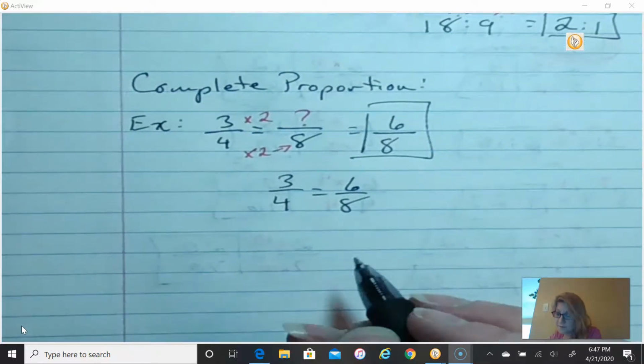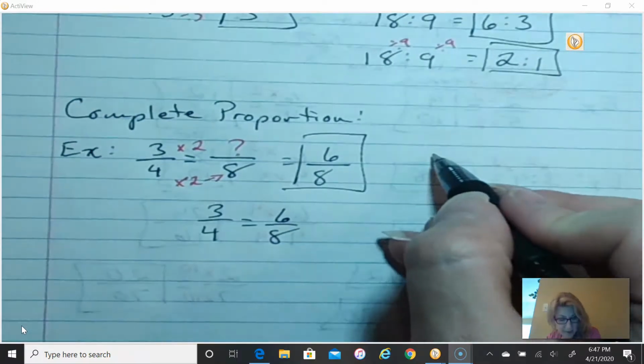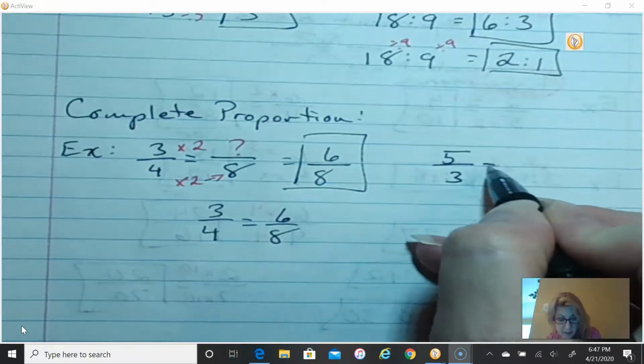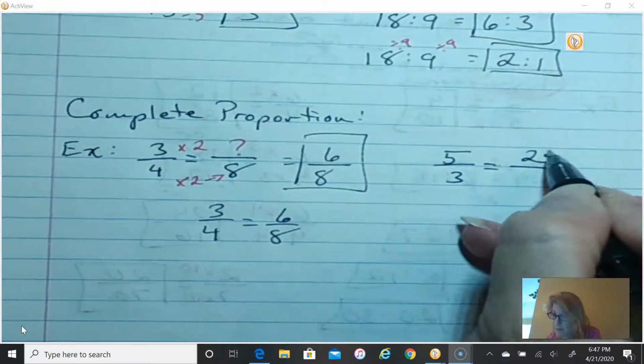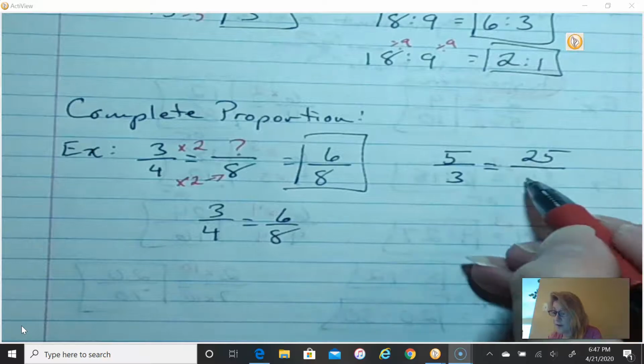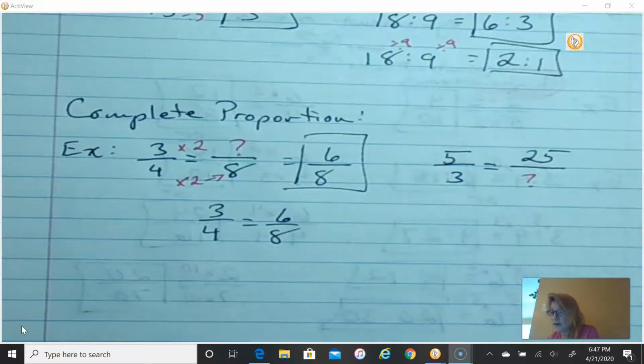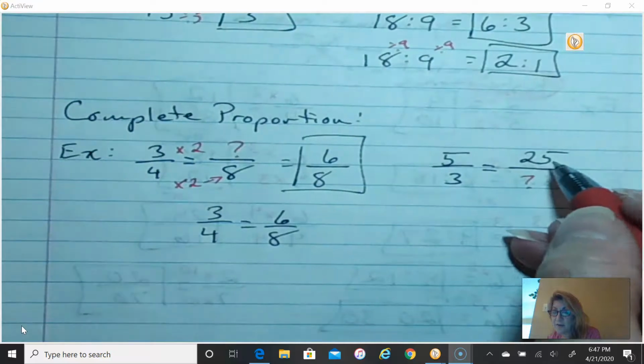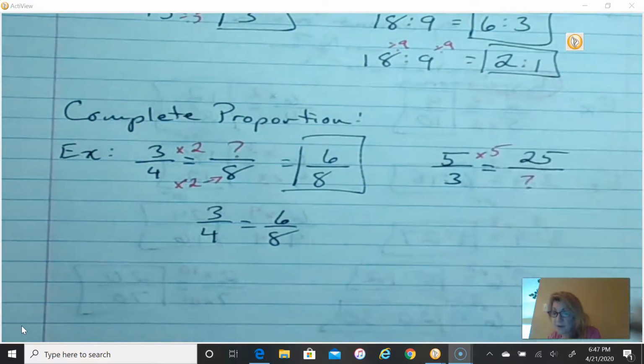Let's do another. I'll do it over here. I got 3 more of them sitting here free. 5 over 3 equals 25 over mystery number. All right, 5 times what gives you 25? 5 times 5.